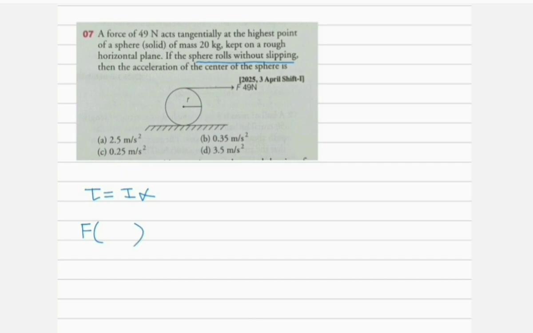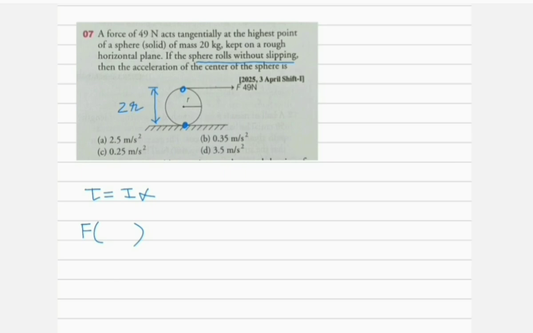Students, what is the distance between these 2 points, lowest point and highest point? You checked, right students, the lowest point is fixed and at the highest point you are applying the force, right. So basically when you write tau, you write F multiplied by r perpendicular. And how much is r perpendicular, tell me. That is nothing but the diameter of this solid sphere, which is definitely 2 times the radius.